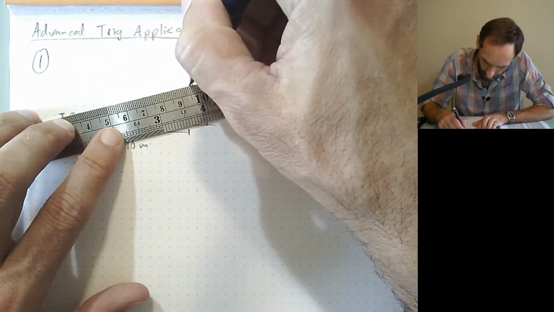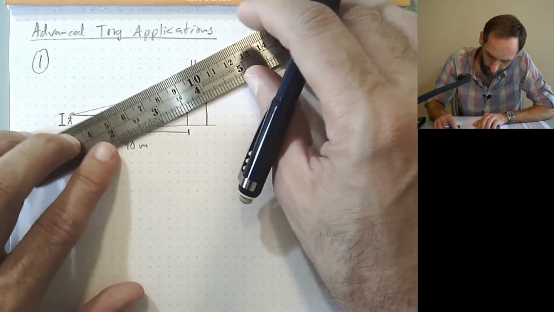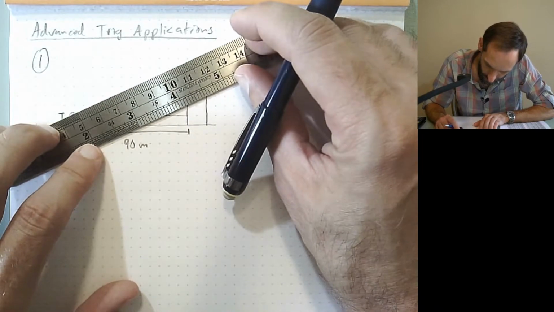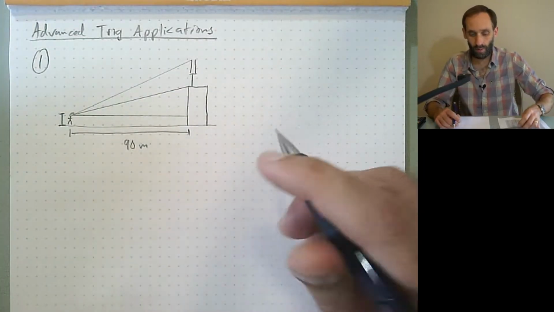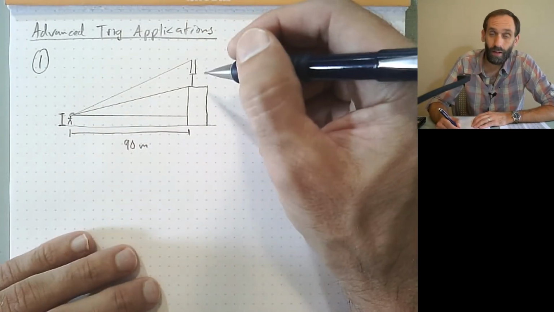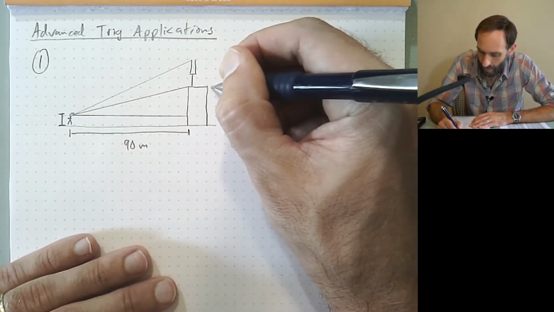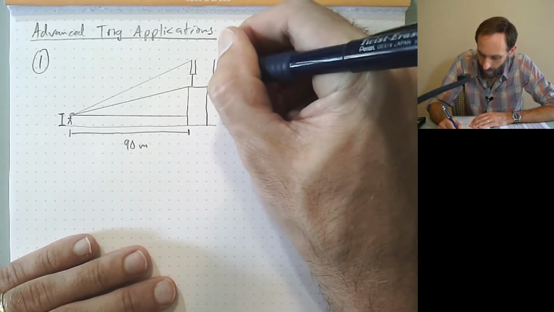The first angle goes to the top of the building. The second angle of elevation goes to the top of the antenna. The person's goal is to determine the height of the antenna, not the height of the building.